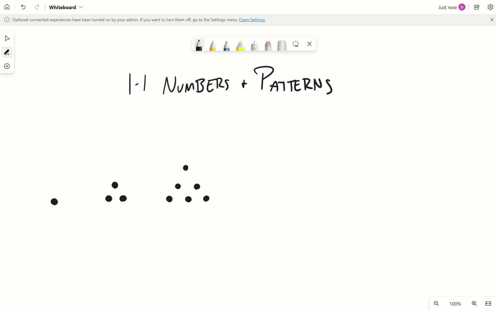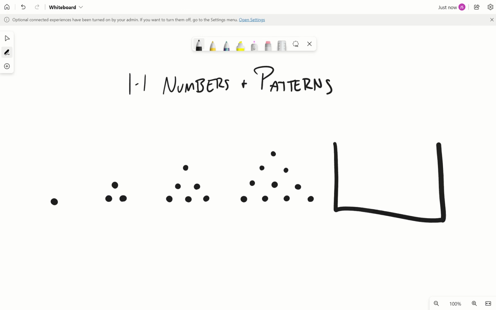There's our third one. There's our fourth one. How many dots would be in our 5th value of this pattern?